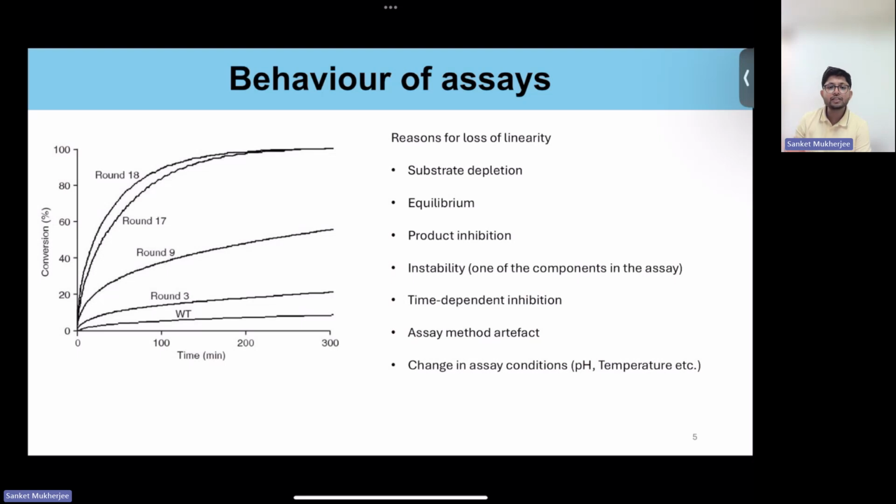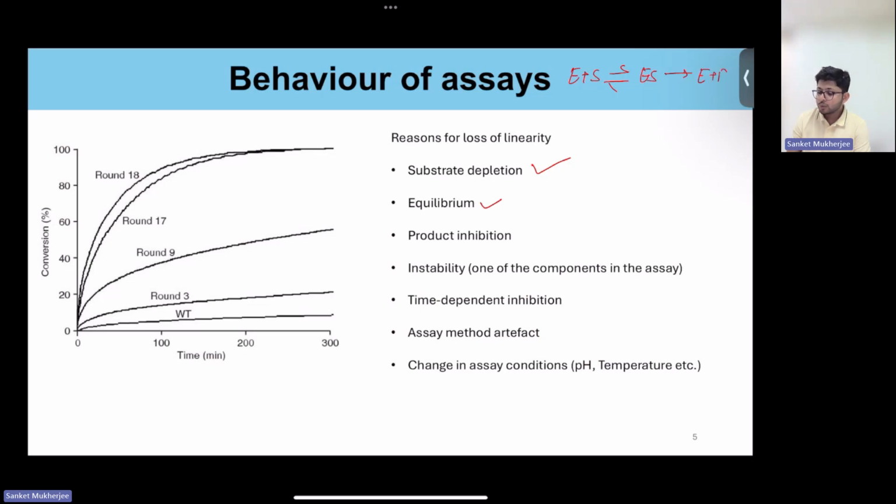Now, this loss of linearity could be due to multiple reasons. One is substrate depletion, very simple. There could be an equilibrium that is attained. We'll see about it with the assumptions in the approaches of how we understand enzyme kinetics, where we either believe in equilibrium, where enzyme plus substrate forms an enzyme substrate complex, which forms enzyme and product.